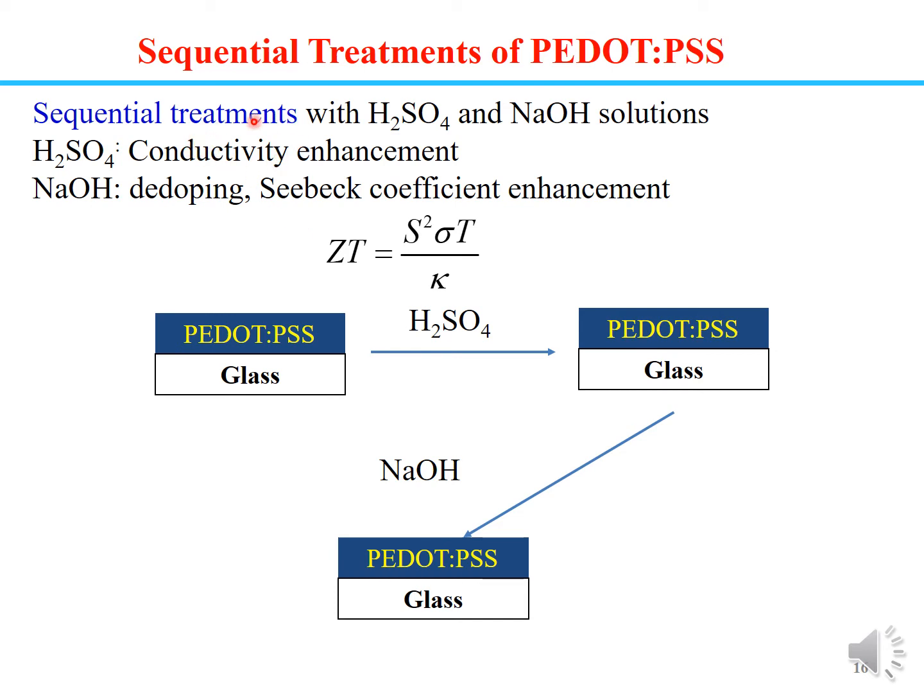This is our work on the sequential treatment of PEDOT:PSS. The first step is to enhance the conductivity of PEDOT:PSS through a sulfuric acid treatment. Then we lower the doping level by a treatment with sodium hydroxide.